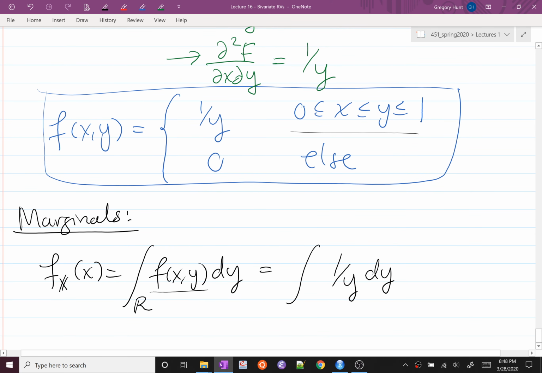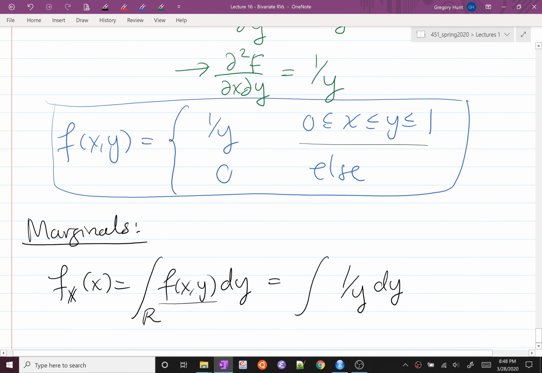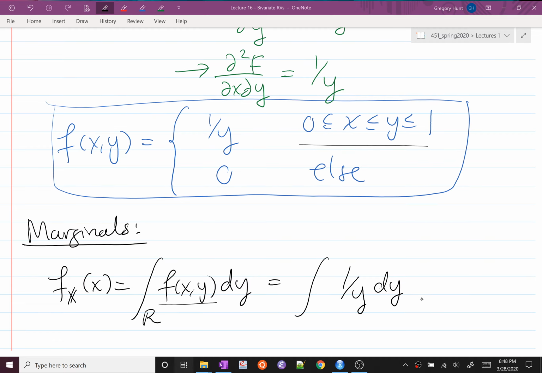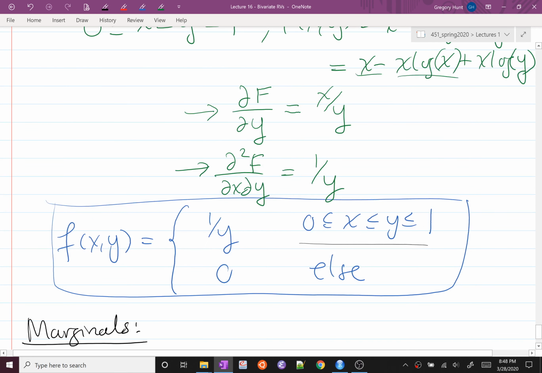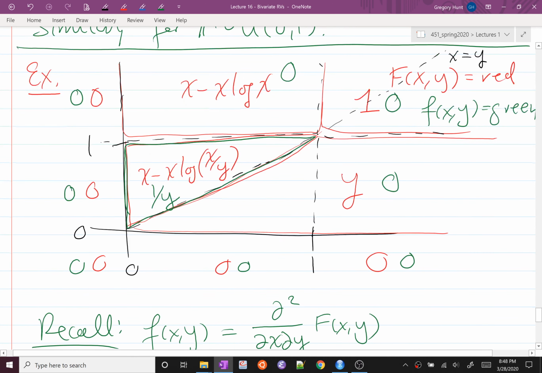But what is actually defining the boundaries of that interval, right? I'm taking the derivative with respect to y. So if I look at my picture, if I fix a value of x here and then want the joint at this x, I've got to integrate over this region. Okay, let's move this over here.